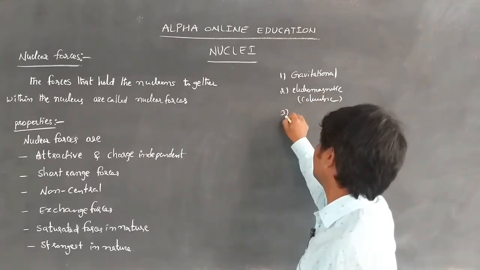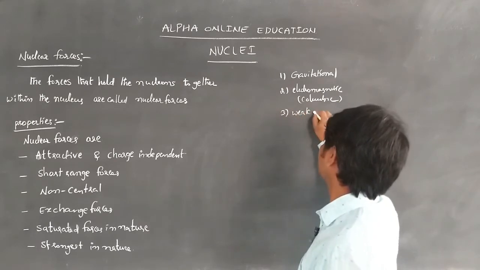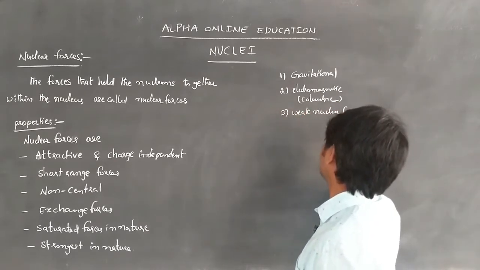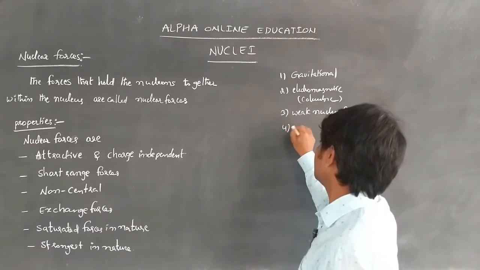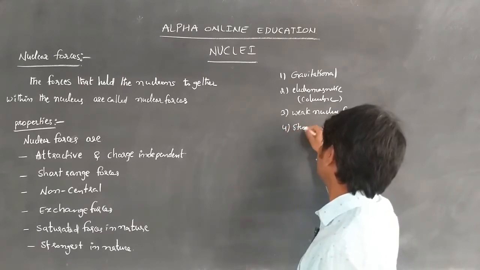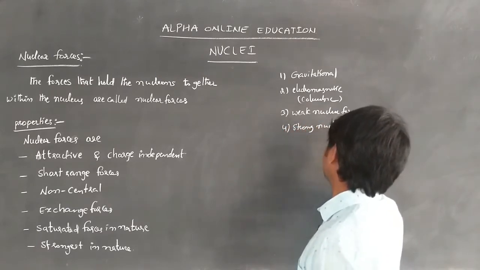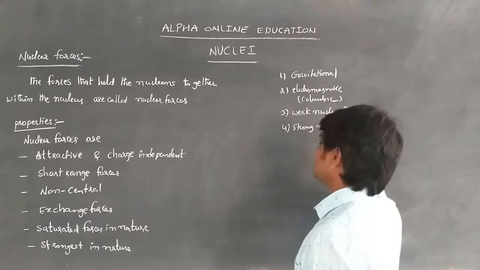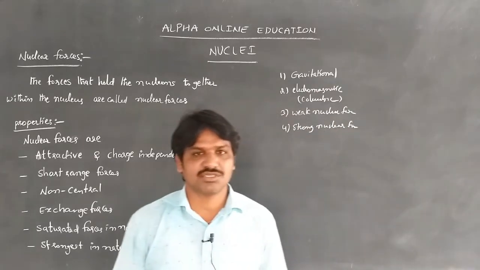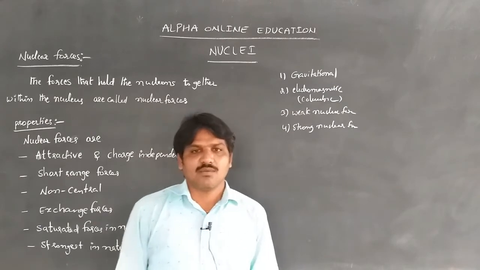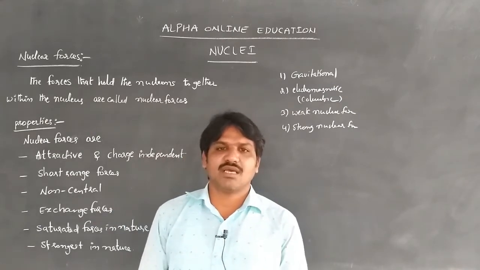The third one is the weak nuclear force, and the next one is the strong nuclear force. These are the four fundamental forces in nature. First of all, what is meant by the nuclear force?